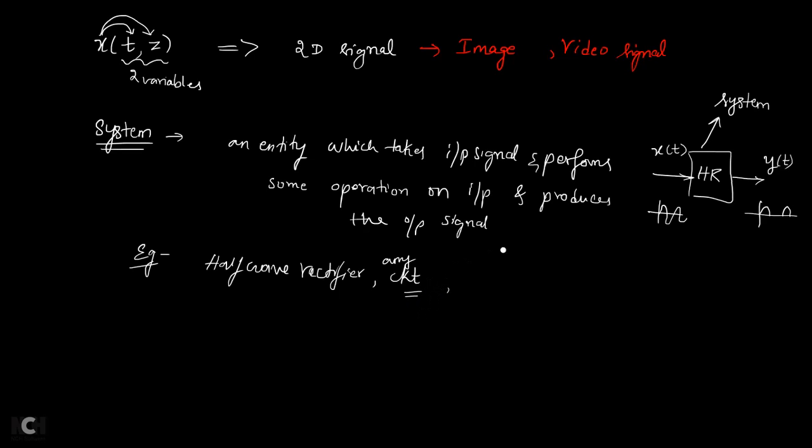If I want to give you a higher-level example in the real world, communication. A communication system is also an example. What does it do? It accepts a message signal and transfers the message signal to the receiver side. From one place to another, the message is transferred.